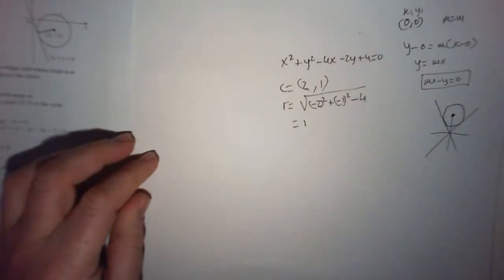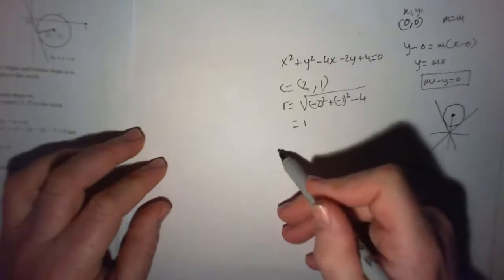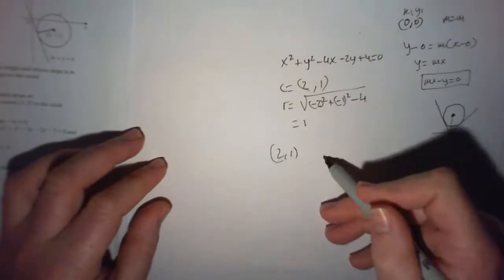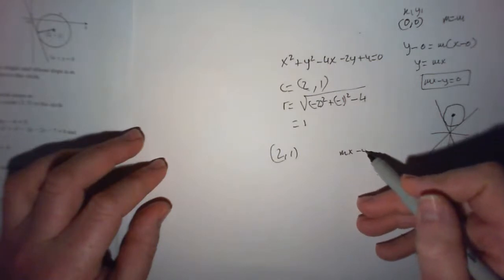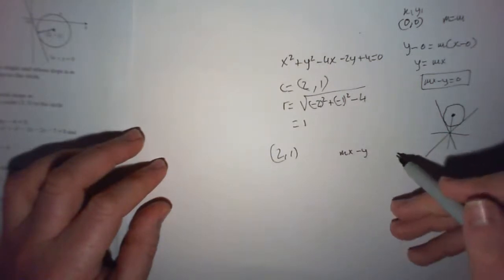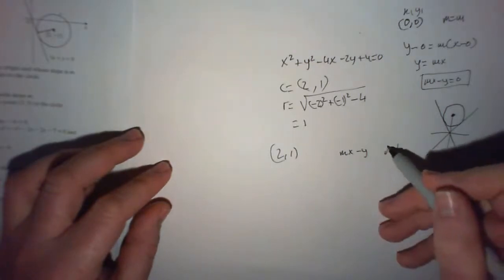So let's throw these into our perpendicular distance formula. We've got a 2 and a 1, and we've got mx minus y, and we know the distance has to be 1.